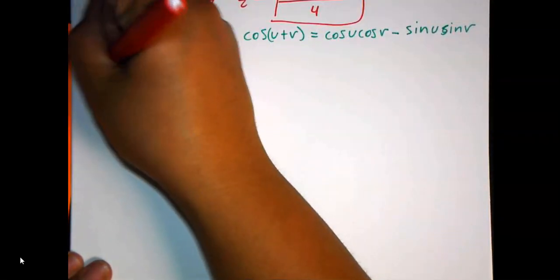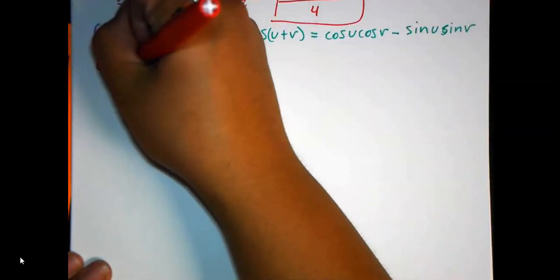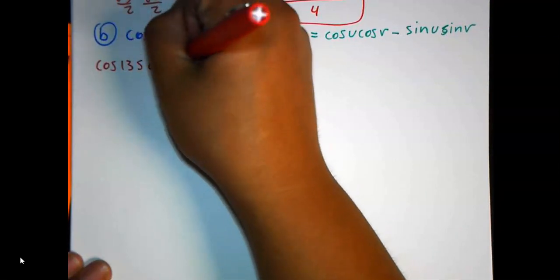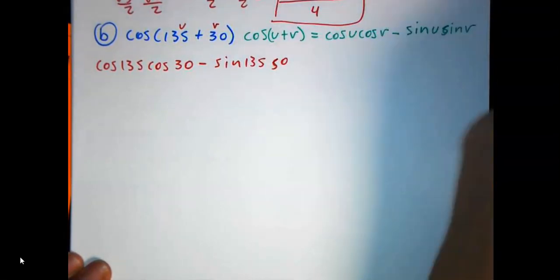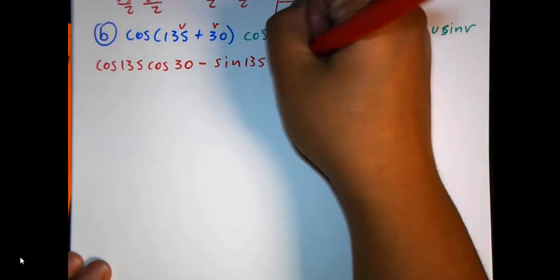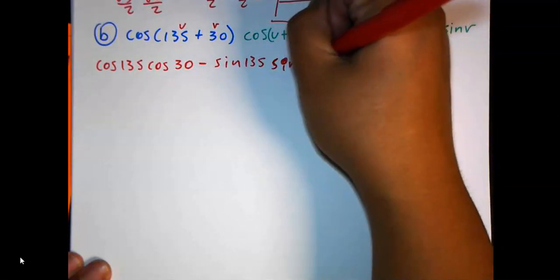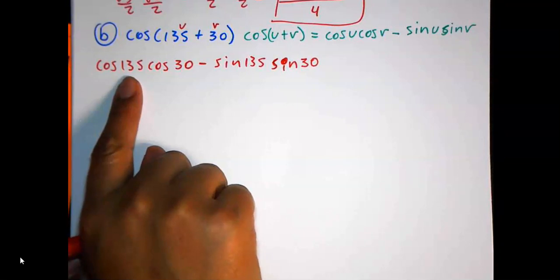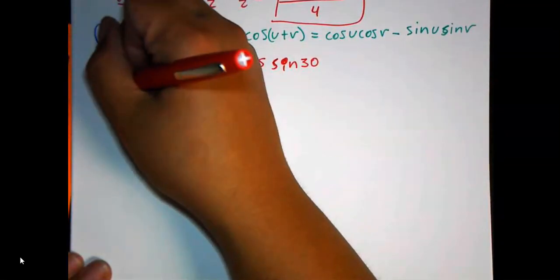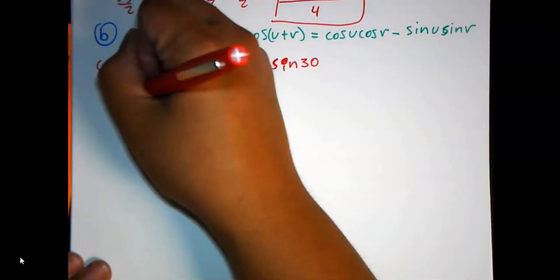I got cosine of 135 times cosine of 30 minus sine of 135 times sine of 30. So you go to 135 and find cosine, which is the x, which is negative square root of 2 over 2.